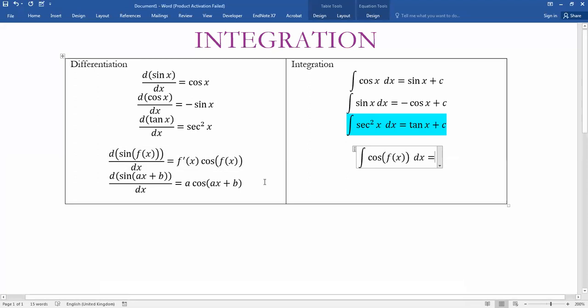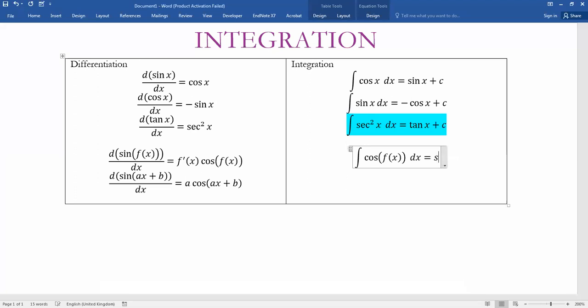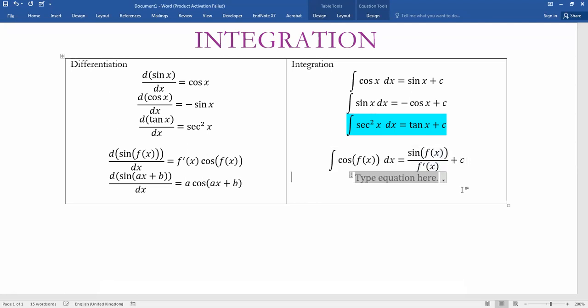If I break down this process, the derivative of sin is cos, and then it is multiplied by the derivative of the angle. So keeping that in mind, what will be the integral of cos? Sir, sin of the function divided by the derivative of the function, the angle does not change, plus c. Is that right?